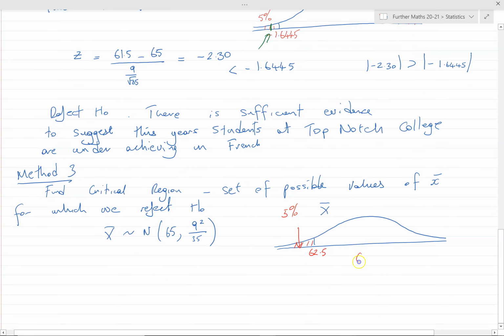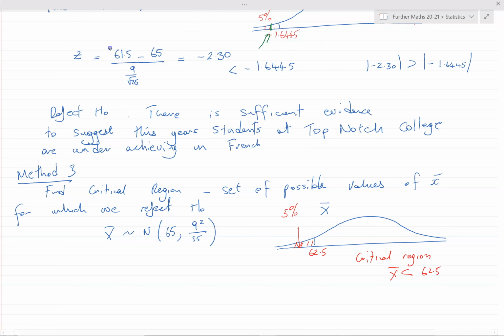So basically the critical region is approximately x bar is less than 62.5. Don't need to worry too much about being accurate with the boundary here, because we've got 61.5.